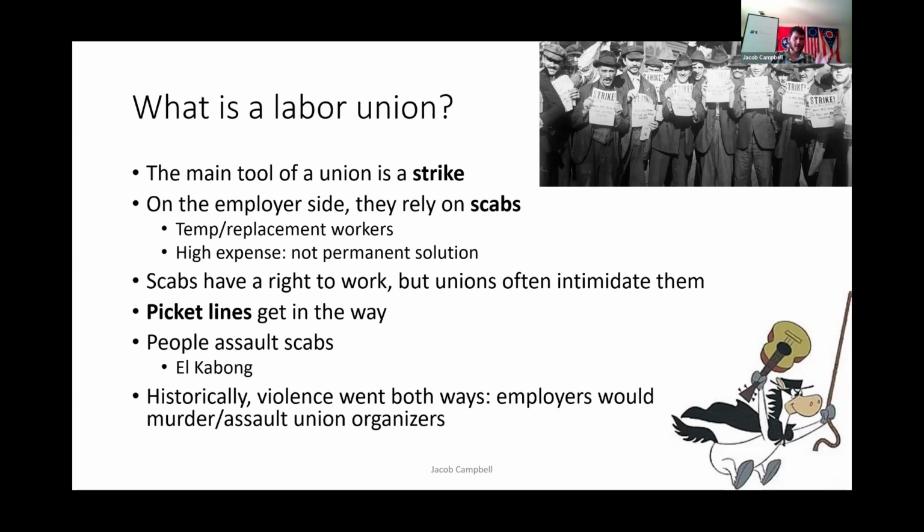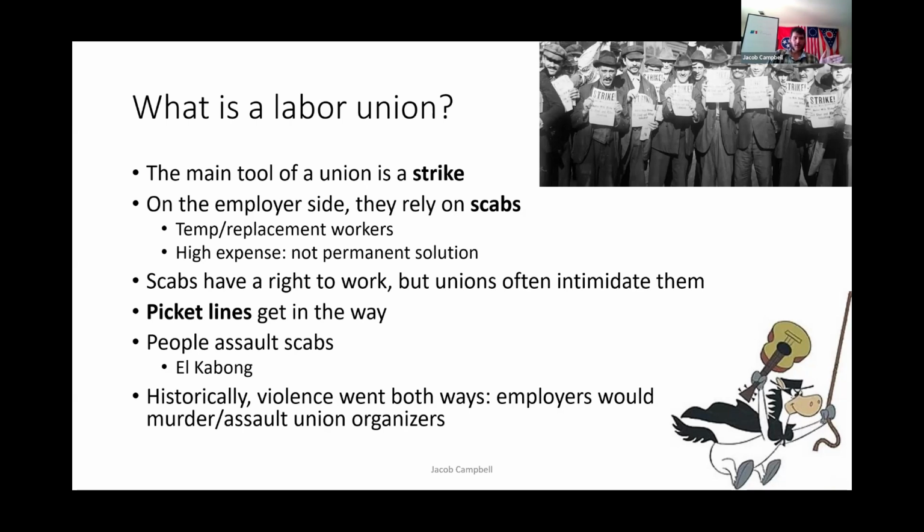Now, historically, because I wouldn't want to give you the impression that the unions are the source of all this stuff, historically, violence would go both ways. And there was a period, let's say roughly 1870 to like 1930-ish, there was a period in American history where violence in the workplace was extremely common.